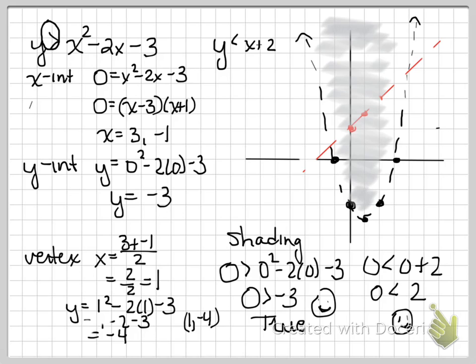Happy face. So that means I need to go towards 0, 0. So if I look at my overlap, it's in this section right here. And so that's where my solutions are. Okay? So I've graphed two systems of inequalities.